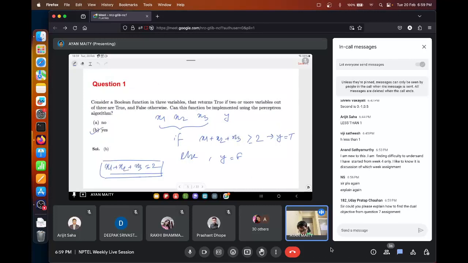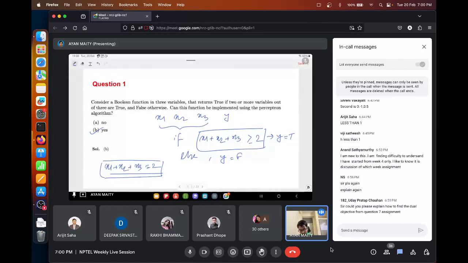The first one was easy. There are three variables x1, x2, x3, and the output is y. The output y is true only if two or more variables are true, and false otherwise. So we can simply compute this condition: if x1 plus x2 plus x3 is greater than or equal to 2, then y is true, otherwise y is false.